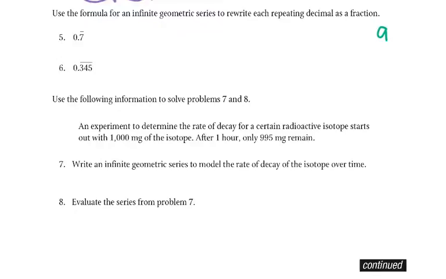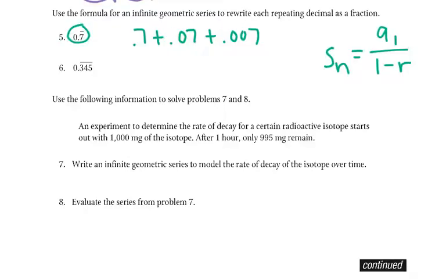Okay, now 5 and 6 says use the formula for an infinite geometric series to rewrite each repeating decimal as a fraction. So in other words, a sub 1 over 1 minus r equals this. The way to think about this is you'd have 0.7 plus 0.07 plus 0.007, okay? Because that whole thing's being repeated, it's like 0.7777, so we take the 10th, the 100th, and we split it up as if we were adding.